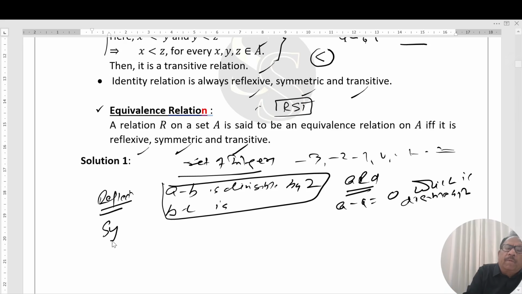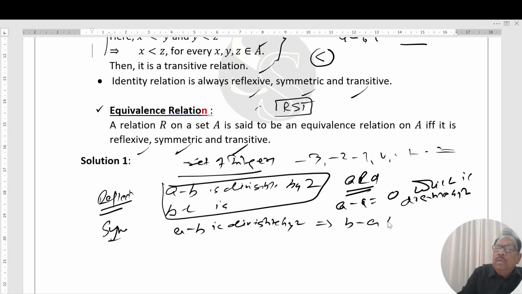For symmetric, if A minus B is divisible by 2, then B minus A will also be divisible by 2, right? Therefore it is symmetric.